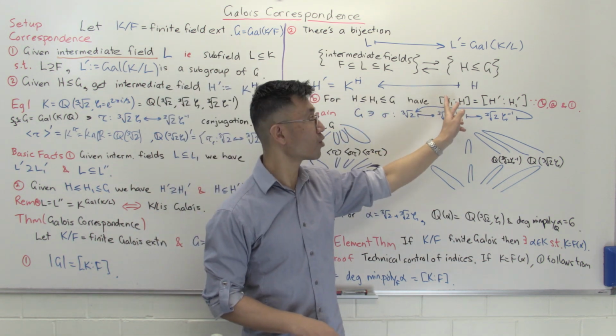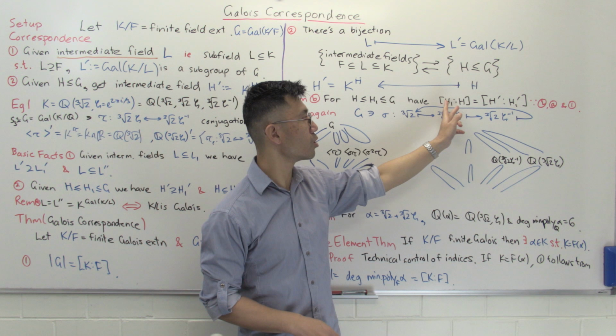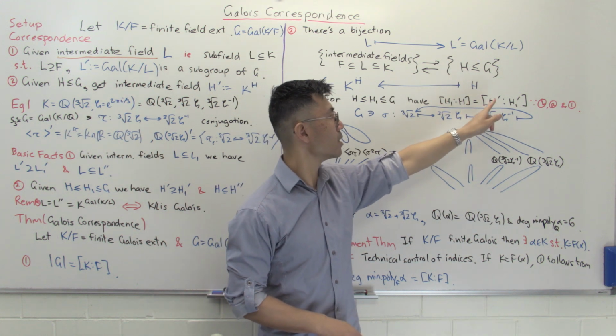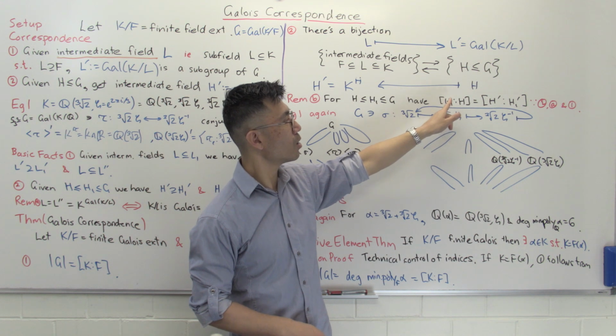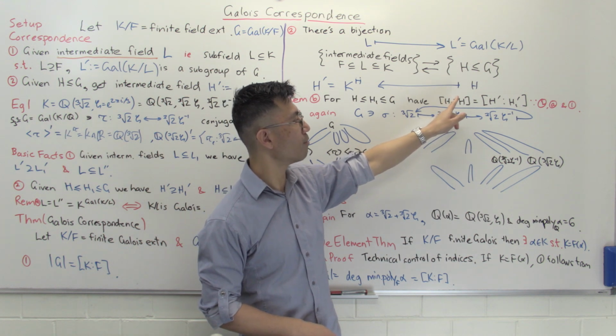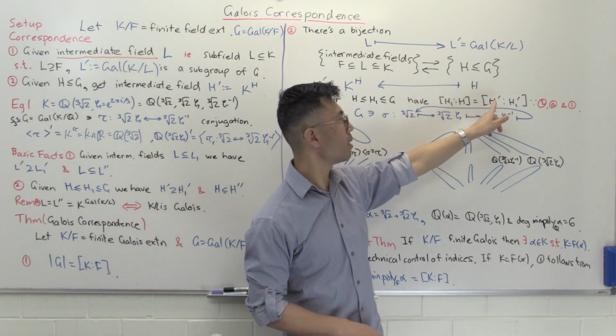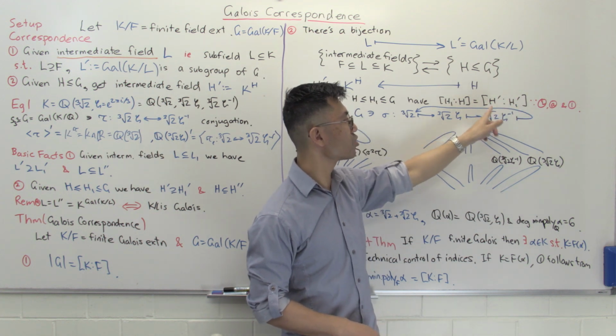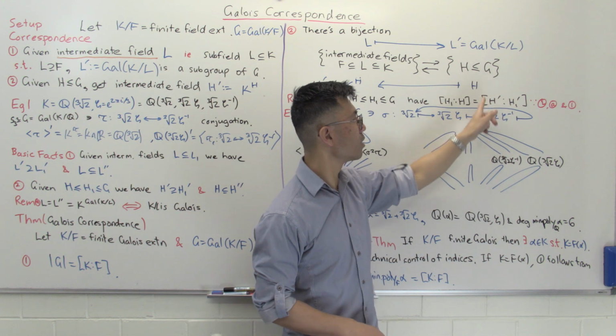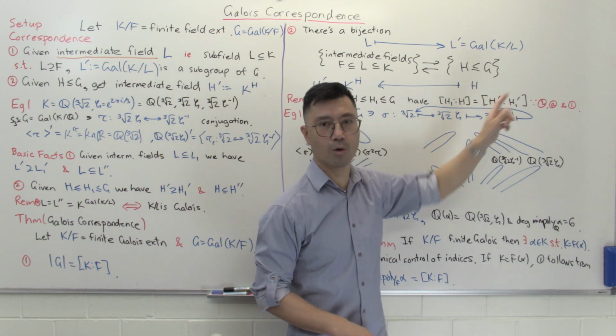When you prime them, of course, you get intermediate fields. So you get H prime is a field containing H1 prime. And so you can talk about the index of H prime over H1 prime. So remember, this index is just the dimension of this field when you think of it as a vector space over the smaller one.